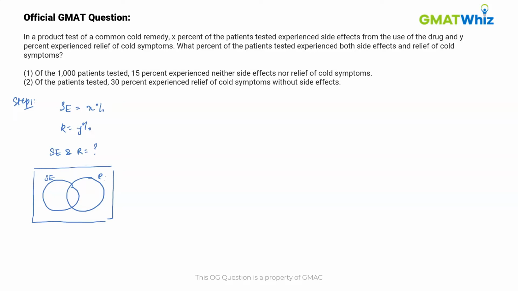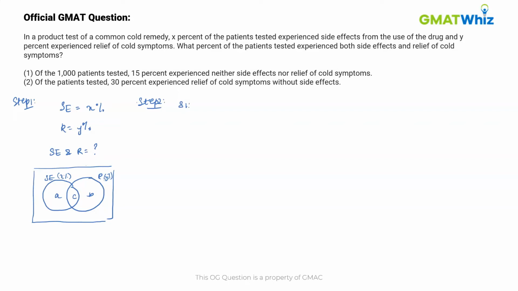Now, we are given that SE is equal to X% and R is equal to Y%. And let us denote the areas inside the entities as A, B and C respectively. Then let's move on to step 2 and analyze statement 1.